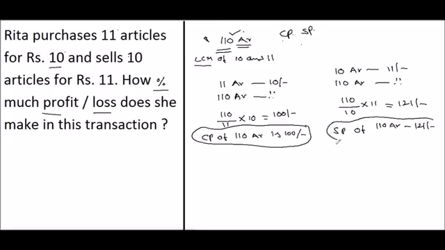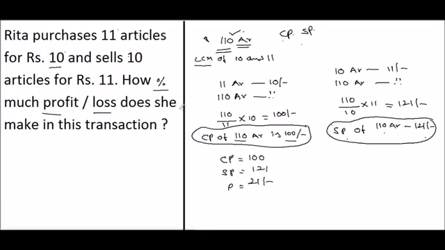Remember this one also. Now compare these two. Cost price of 110 articles is 100. Selling price of 110 articles is 121. Now the number of articles is same. So I can conclude that cost price is 100 rupees, selling price is 121 rupees. Obviously the profit in this transaction is 21 rupees.